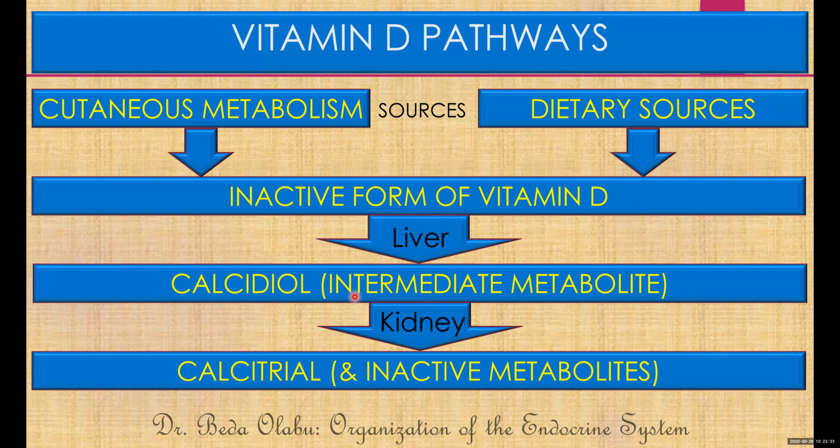The kidney is the one that activates calcidiol to calcitriol. Calcitriol is the active form. That triol is the reason why we call it D3. The triol here means 3. So active forms of vitamin D come from the kidney.